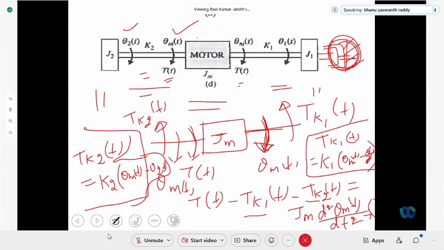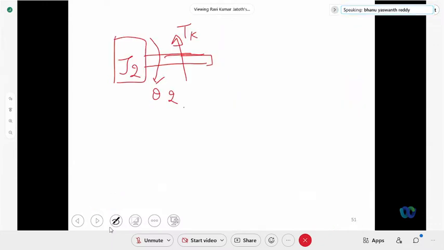Downward direction. Whereas with respect to Jm, Tk2 of t is upward direction. So here Tk2 of t is downward direction because the angular rotation in J2 is due to the spring torque only, no? There is no direct torque acting here, right?